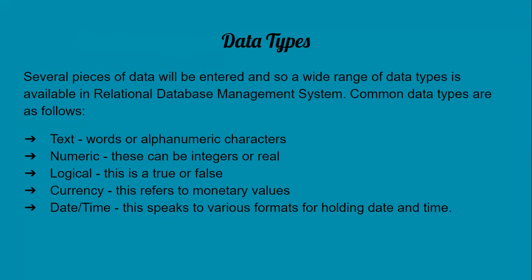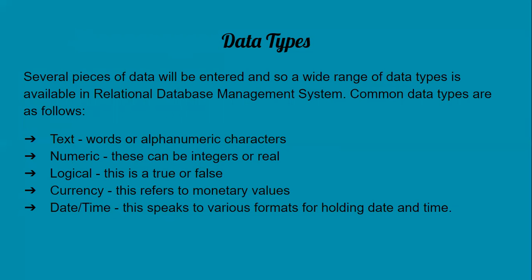Now that we have identified the most common data types, let's try and match these with appropriate examples. So an appropriate piece of data that would have text as its data type would be last name, first name, address, name of school. Those are ideal pieces of data for the text data type.